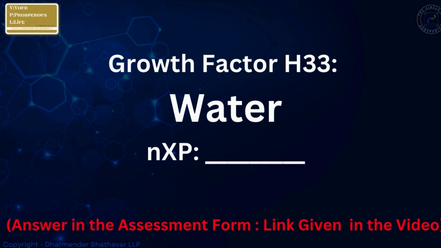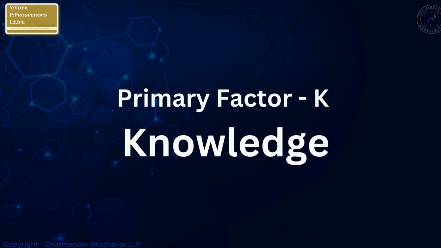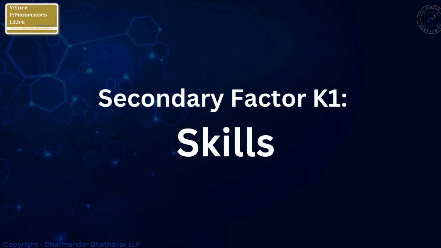Now let us move on to the third primary factor, that is knowledge. Under primary factor knowledge, we find a series of questions in the K series, and among them the first one is skills. K1 is skills.